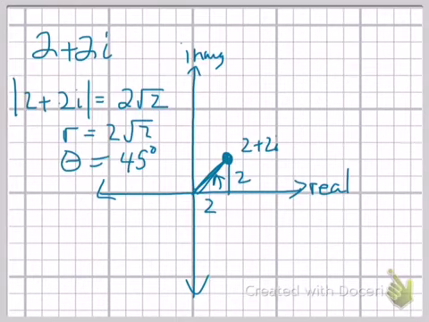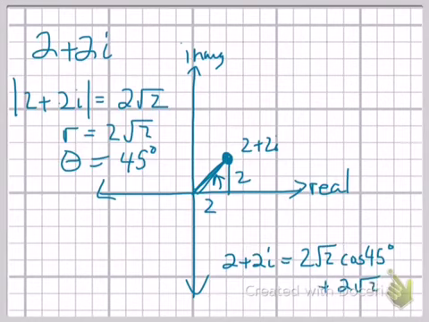All right. So 2 plus 2i is equal to 2 square roots of 2 times the cosine of 45 degrees plus 2 square roots of 2, we'll put the i out front, times the sine of 45 degrees.